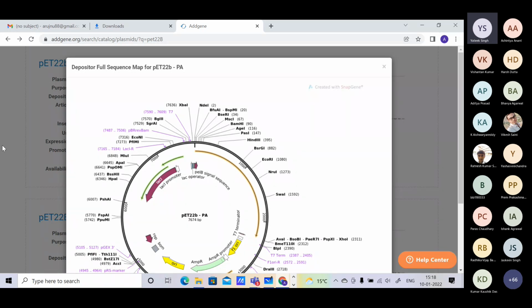But you are taking that colony and sticking it again on an antibiotic plate, so obviously the ones not having a plasmid will die. Okay, sir. So that's why researchers do multiple streaking, to ensure that only the cells having a functional plasmid get selected for the next step. Clear?